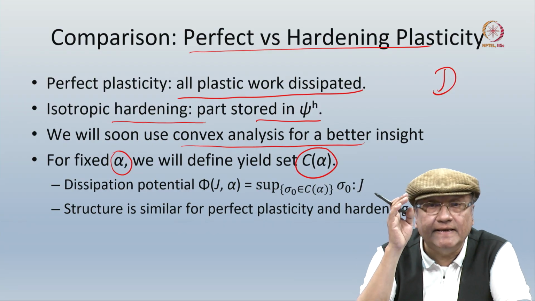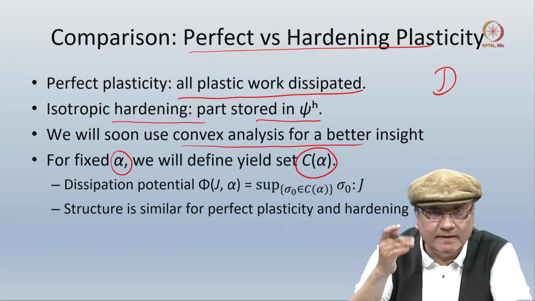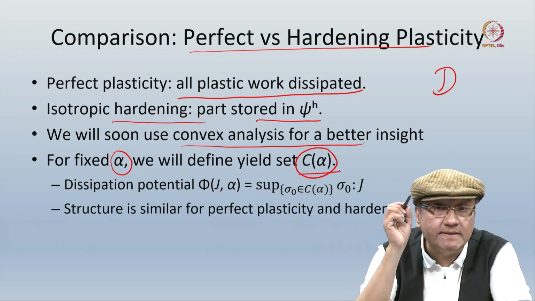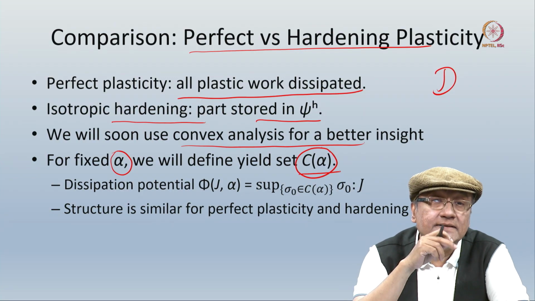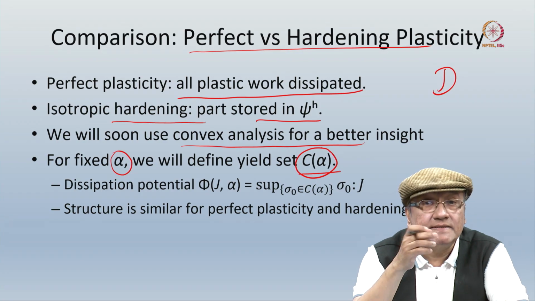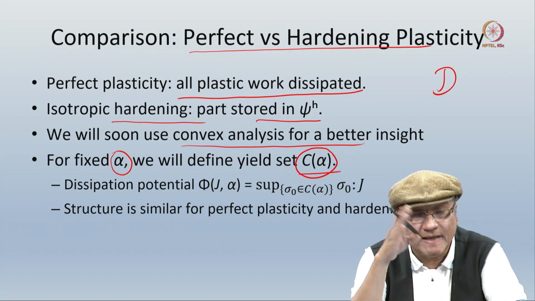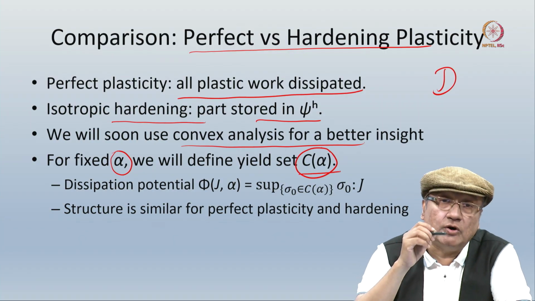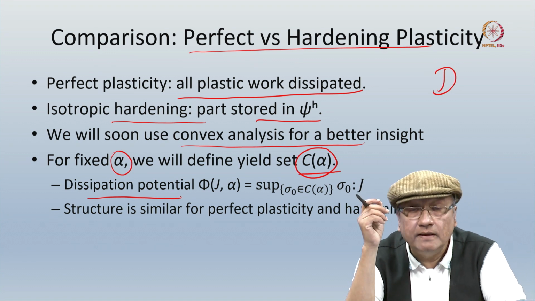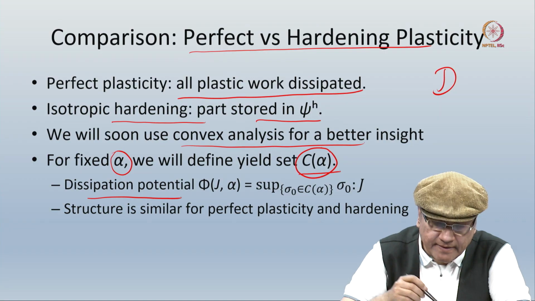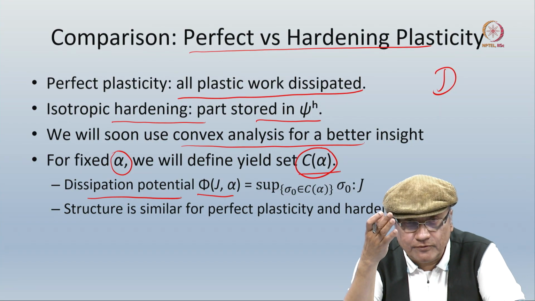We have actually found this yield set C alpha already. But what we have not done is that there is a separate way of understanding this evolution of the plastic flow based on what is called a dissipation potential, phi. If you look at it from this angle, this will be part of that convex analysis. I am just giving you an idea of what it is.